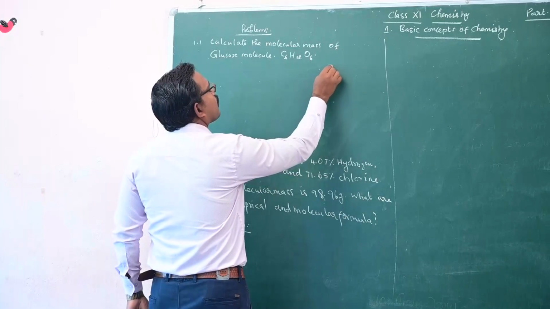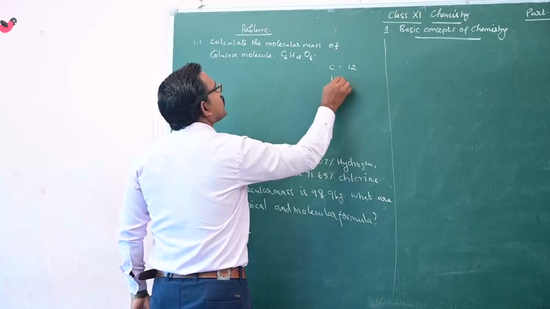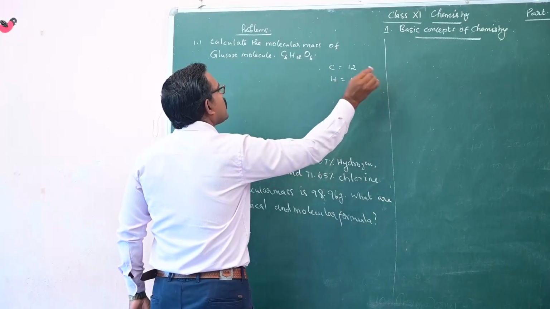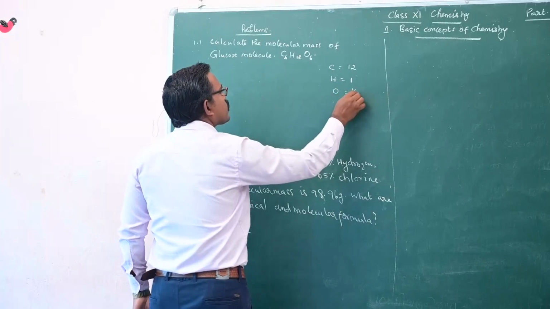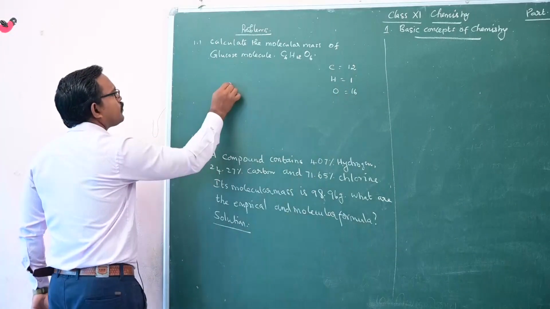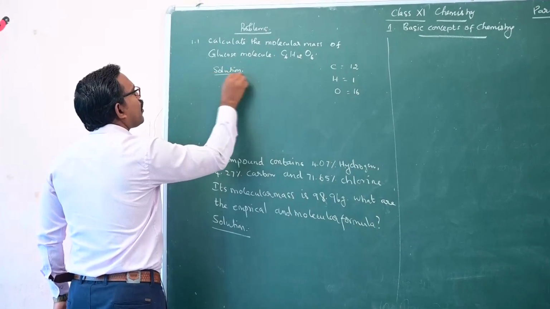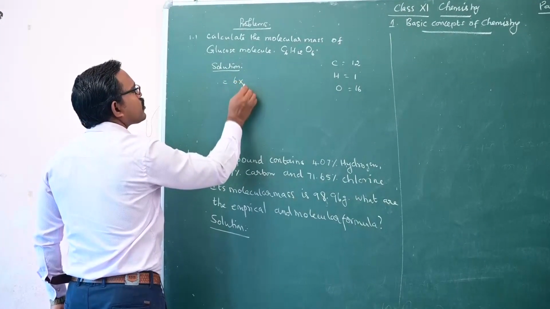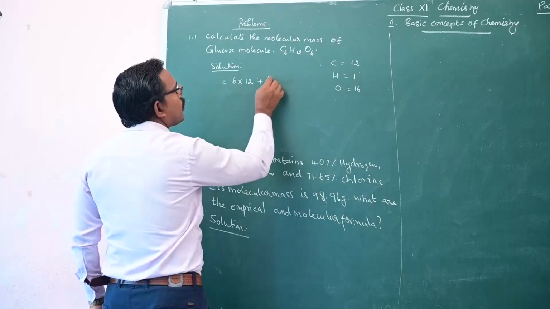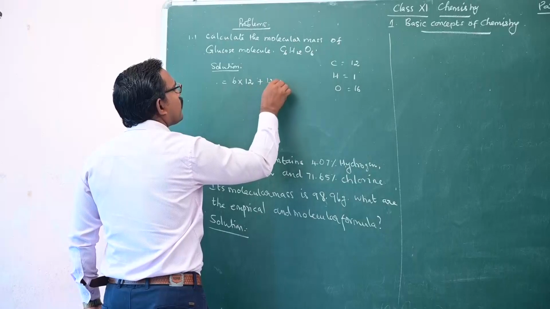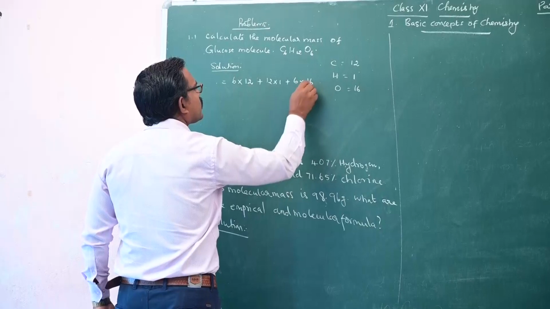We know that the molar mass of carbon is 12, hydrogen is 1.008, roughly 1, and oxygen is 16. Here 6 carbon atoms: 6 into 12, plus 12 hydrogen atoms: 12 into 1, plus 6 oxygen atoms: 6 into 16.